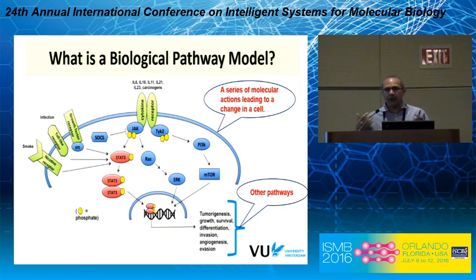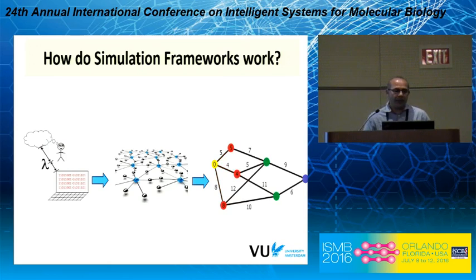So in order to save money and time and properly understand the working of complex biological pathways, they can be simulated. Let's see how simulation frameworks do their job. Generally speaking, a simulation framework provides a language in which a biological pathway can be specified.